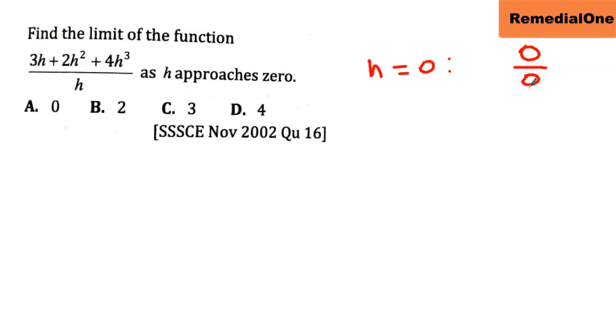When it happens like this, you can't select the answer to be 0. This is undefined, so you can't select 0. So you have to simplify a little bit. Here you see that h is everywhere. The limit as h approaches 0. We will take h out. We have 3 plus 2h.